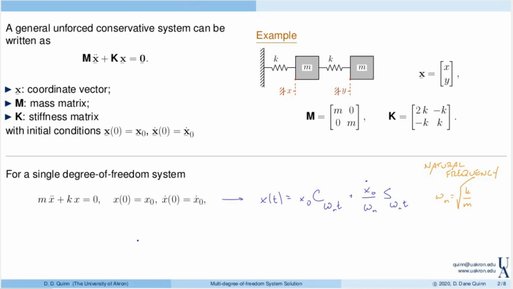So what we would like is to find a solution, just like we did for single degree of freedom systems, that satisfies the general equation of motion. So again, it satisfies m x double dot plus k x equals 0 up here in vector form.